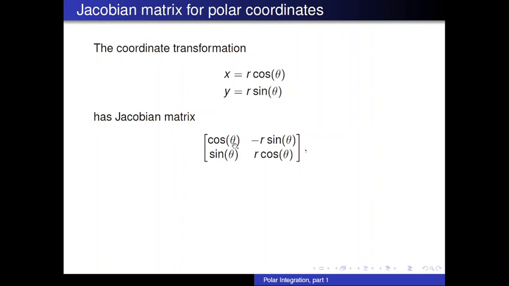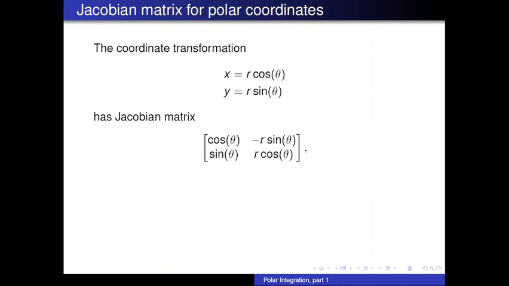So in the first column, we have derivatives of x and y with respect to r. That gives us cosine theta for this one and sine theta for that one. In the second column, we have the derivatives of x and y with respect to theta. So that gives us minus r sine theta in this entry and r cosine theta in this place.